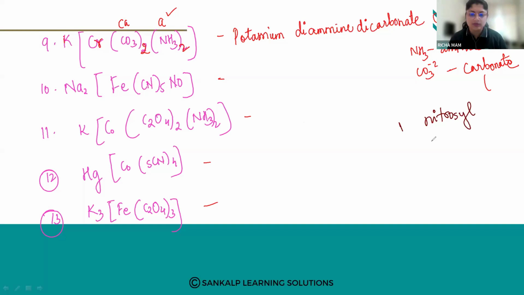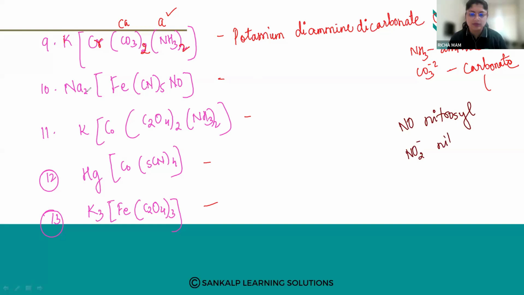Okay, NO is nitrosyl. NO2 is nitrito. Okay, when you have NO2 minus, it is nitrito. So don't get confused. Nitrosyl is different, nitrito is different. Right now, and CN is cyanido.